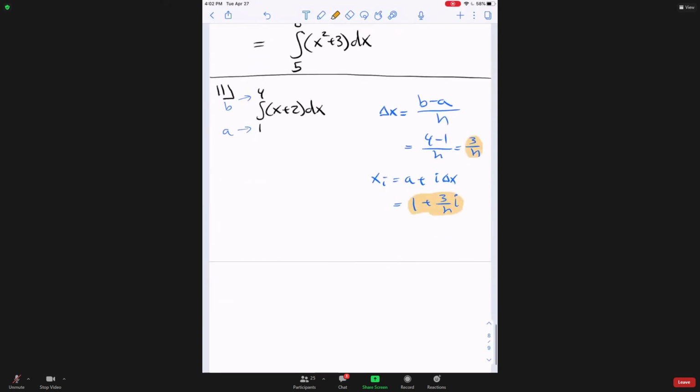This will be equal to the limit as n goes to infinity of the summation from i equals 1 to n of, x gets replaced with x sub i, which is what I highlighted in orange there, 1 plus 3 over n times i, plus 2, times dx, which gets replaced with delta x, which is 3 over n, on the interval 1, 4. And you don't need to simplify it. You can leave it like that. How many of you got that?